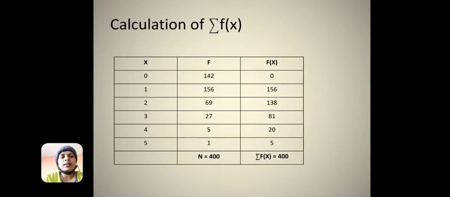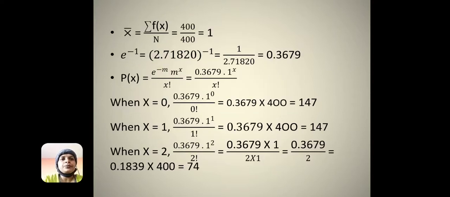The solution: x is 0 to 5 and the frequencies total 400. f of x is 0 into 142 is 0, 1 into 156 is 156, 2 into 69 is 138, 3 into 27 is 81, 4 into 5 is 20, 5 into 1 is 5. The total sigma f of x is 400.